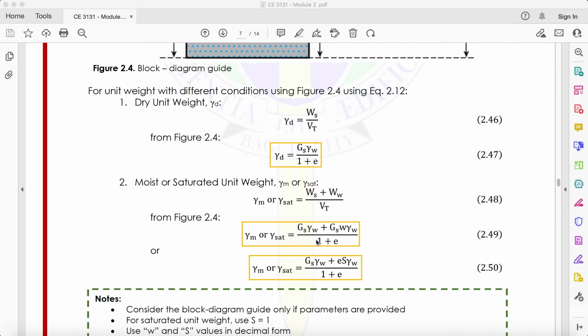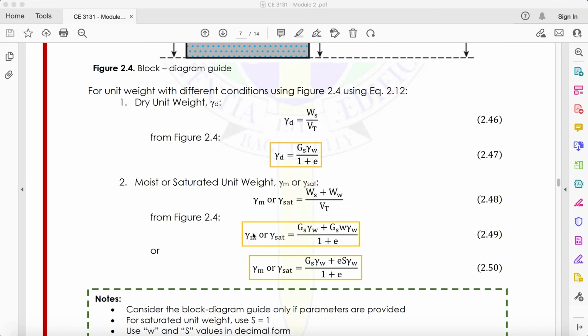Or, if gagamitin natin si eS, that would be specific gravity times the unit weight of water plus e times S times the unit weight of water over 1 plus e. So we have here a common factor, the unit weight of water. Pwede nating i-factor out. So that is the unit weight of water times quantity specific gravity plus eS divided by 1 plus e. So this 3 will be our working equation.